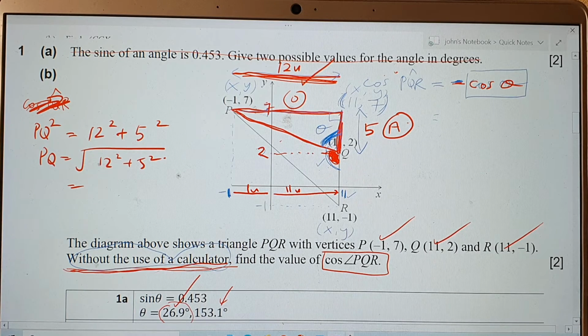Then you say, I need to use calculator, but just now you say you cannot use calculator. You can use mental to calculate this, but you can also use calculator. What they mean by without using calculator is, if you immediately press calculator and find this angle, you will end up with some decimal places and all that, then it is wrong already.